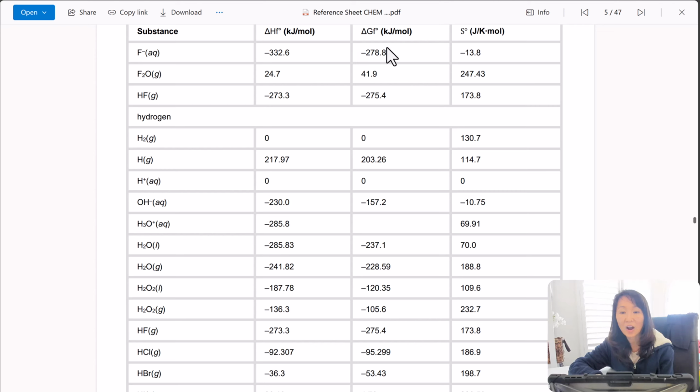Because these are in comparison to when it's at absolute 0, okay? So these values show you what the G naught is at that pressure, 1 atm, and at 25 degrees Celsius.